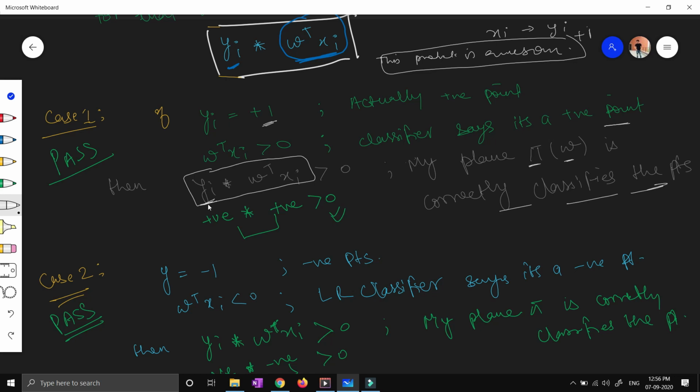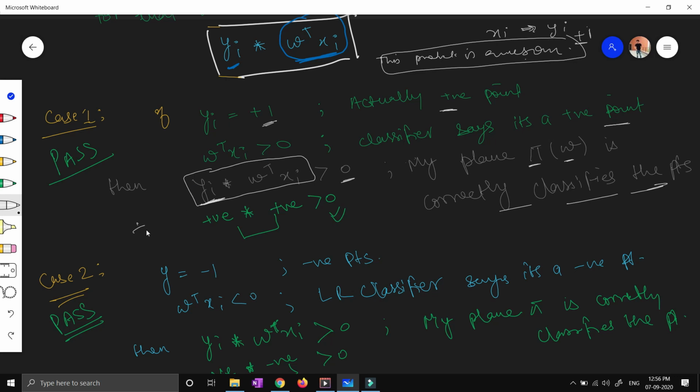You can see we are calculating this term yi into w transpose xi, and it will turn out to be greater than 0 always, because yi is positive from the data set, which is actually a positive data point. "This product is awesome", so the target value of yi is +1.